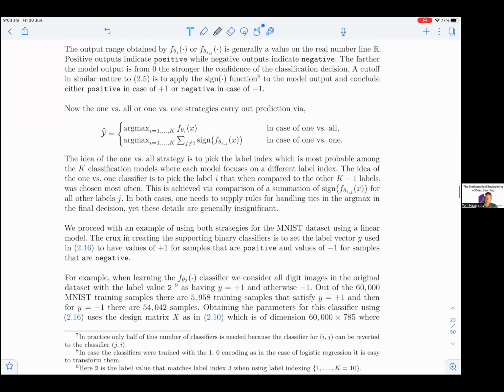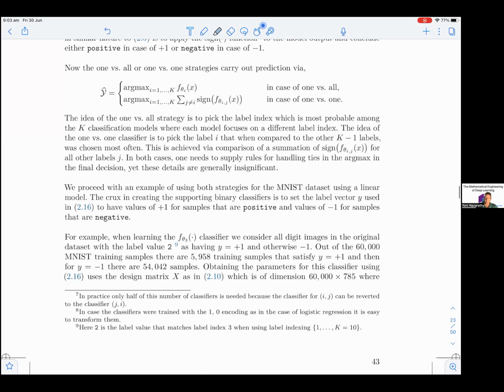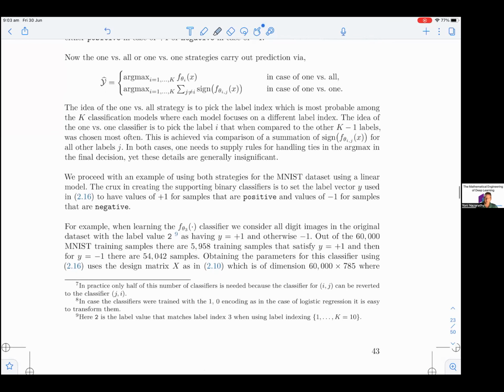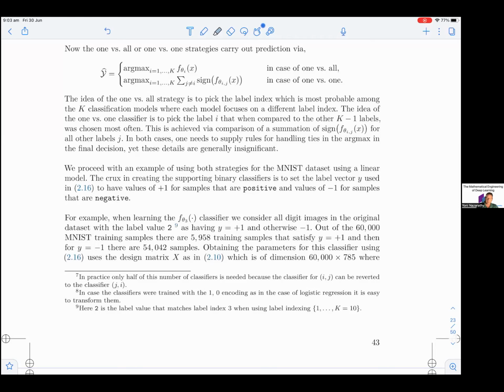Now the 1 versus all and 1 versus 1 strategies can carry out prediction via the following. So here you have the strategy. The prediction of 1 versus all is going to use your capital K models and do the argmax, the model that actually maximizes that label over all other labels.